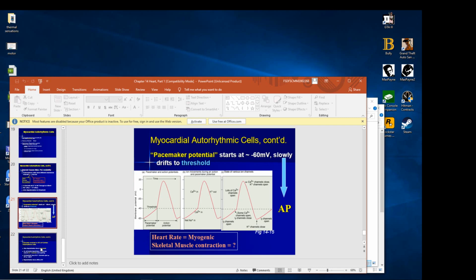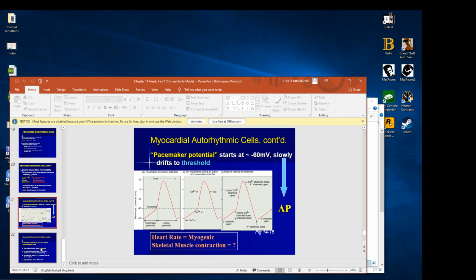Then ultimately the pacemaker potential starts at about minus 60 millivolts, and it slowly drifts to the threshold. You can see that from minus 60 millivolts to threshold is only a rise of about 20 millivolts, reaching minus 40, and then the action potential occurs.